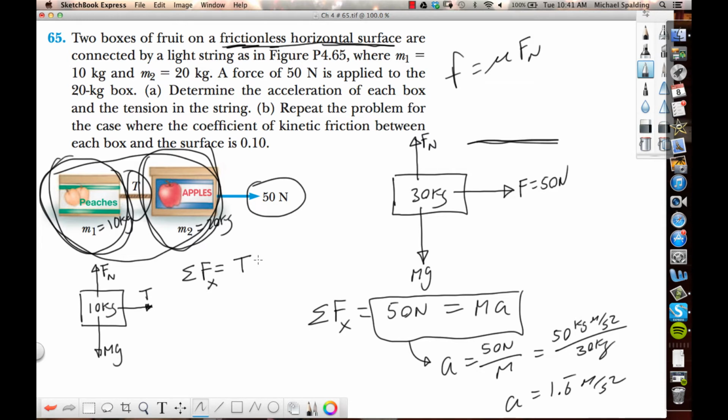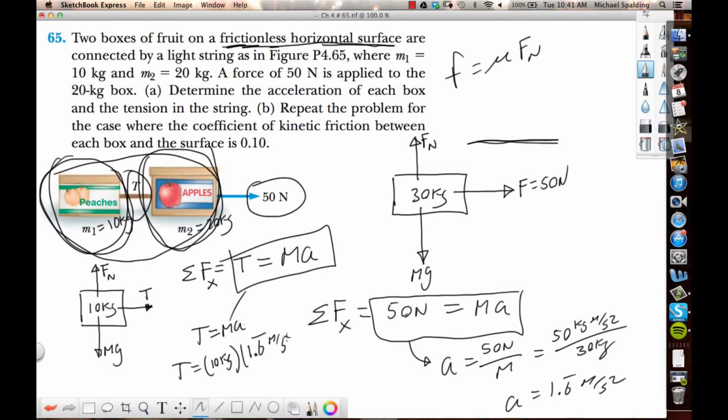Tension. T. So what is that going to equal? ma. Right? And we now know what a is. So T equals ma, so that's going to be 10 kilograms times our acceleration, which we now know, 1.6 repeating. So this gives us a tension of 16.6 repeating newtons.